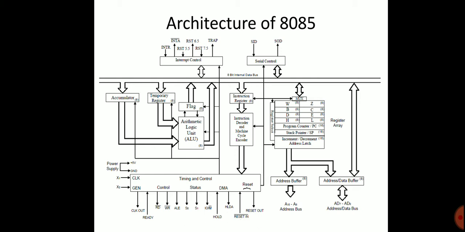The logic unit performs logical operations such as complement, OR and XOR, as well as rotate and clear operations. The instruction decoder and machine cycle encoder decodes the opcode and accordingly gives the information to the timing and control circuits.